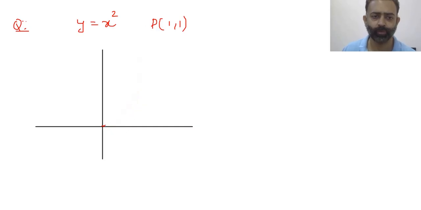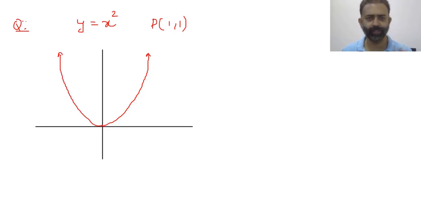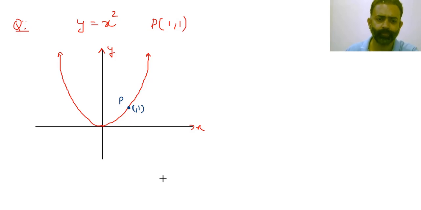Let's draw it wider. For example, the curve is like this: y is equal to x squared. This is y, this is x, and there is a point P on the curve at (1, 1). This is P, coordinates are (1, 1). We are interested in finding the gradient of the tangent at this point.